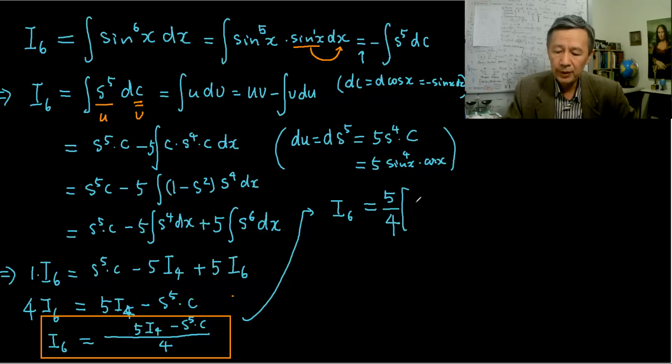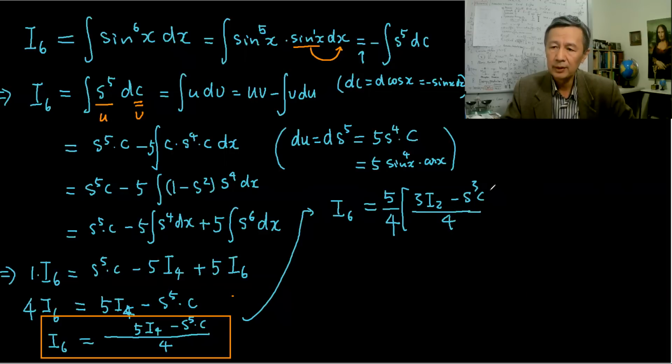So I4 will equal 3 times I2 minus S3C, divided by 4. First term. The second term will be negative, the denominator is 4, S to the power 5 times C. We can put it as a 2, but it's 4 outside, that becomes 5 divided by 16.